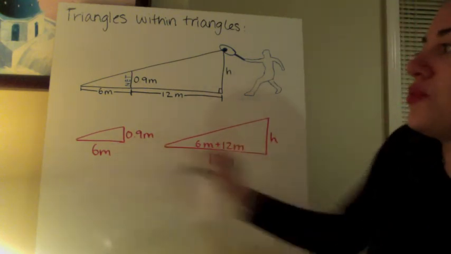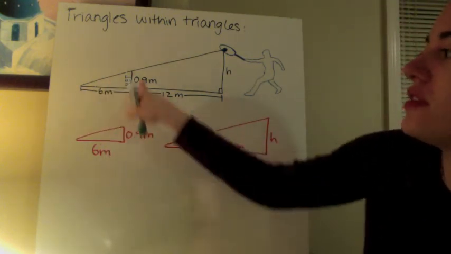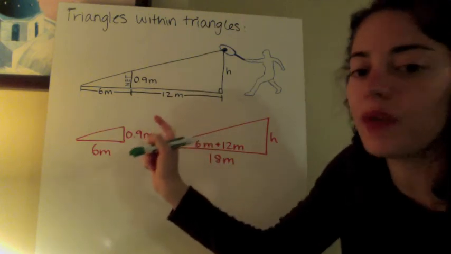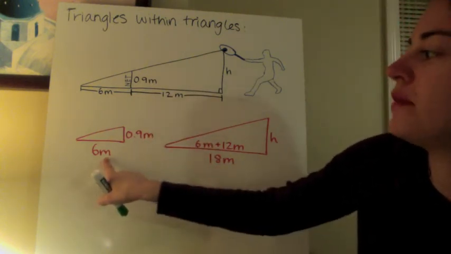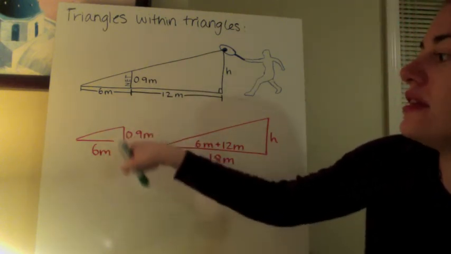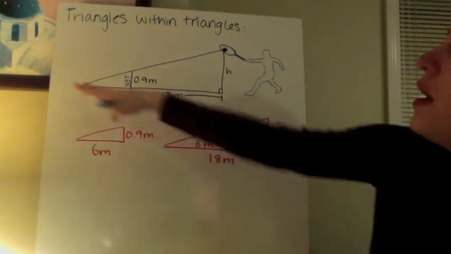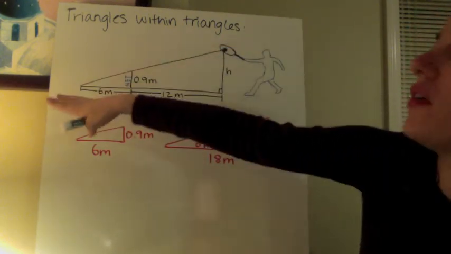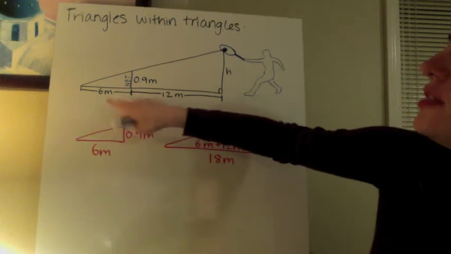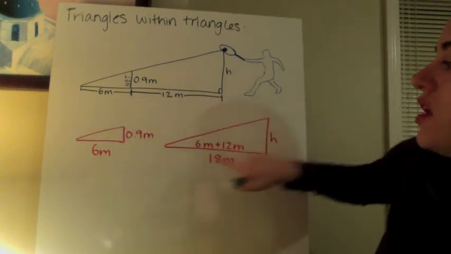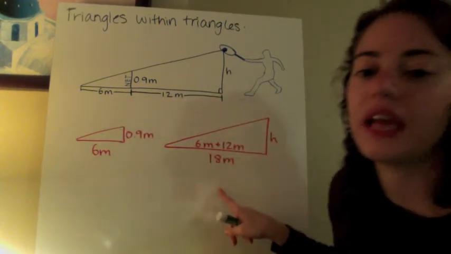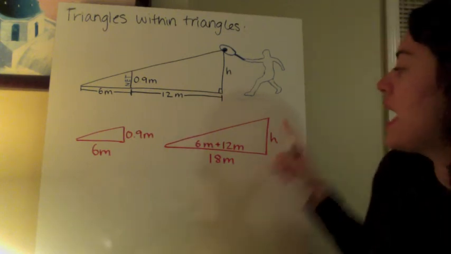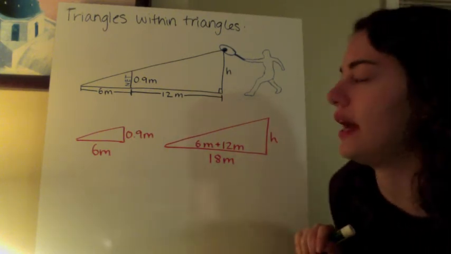So I always like to redraw it. So I redrew this little triangle here, the one inside the bigger one, 6 meters for the bottom, 0.9 meters as the net. And again, this is my big triangle. I have 6 meters and 12 meters, so I have to add those together to get this bottom. I get 18 meters, and I still have h as my height.